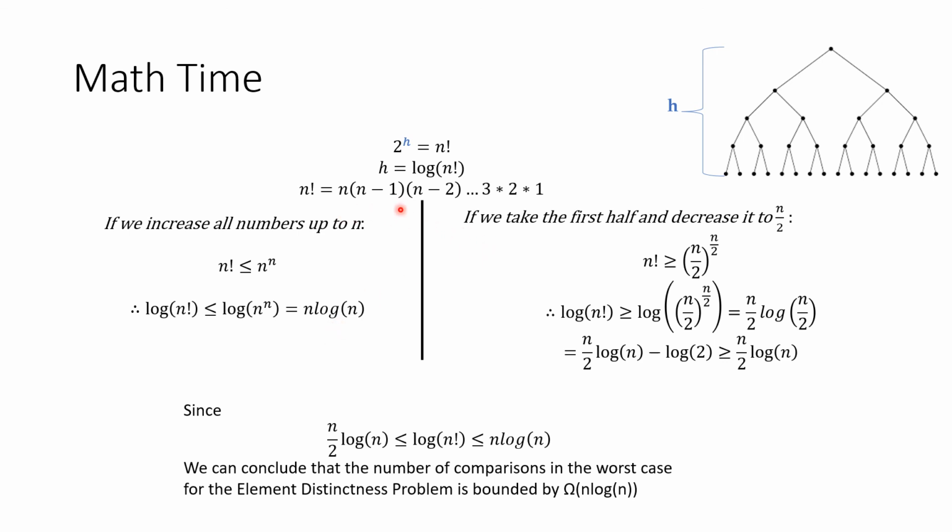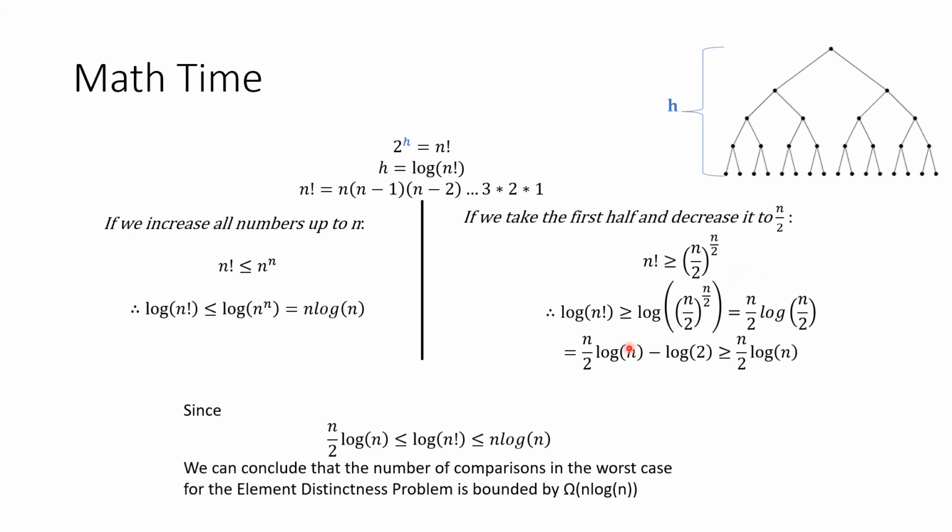If we take these elements and we just grab half of them and reduce them to n over 2, then we can say that n factorial should be bigger or equal to n over 2 to the n over 2.